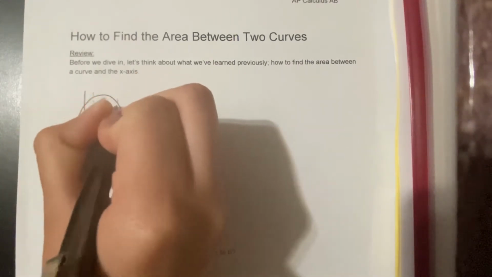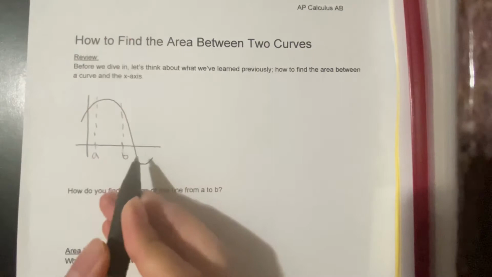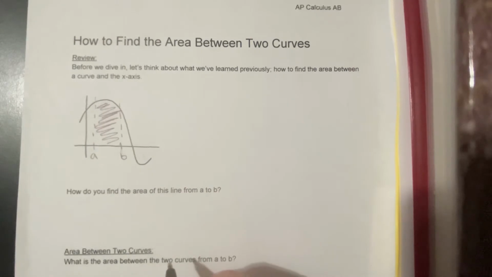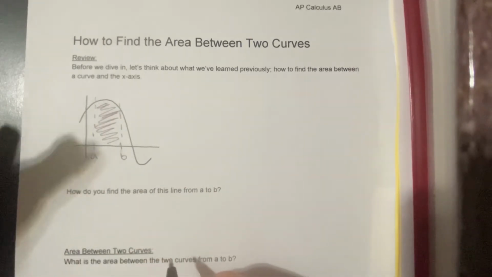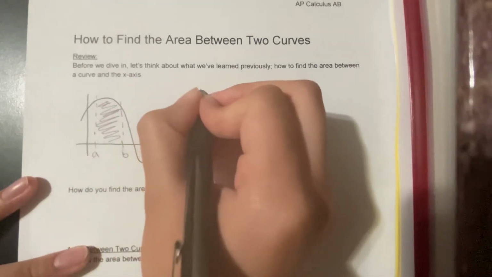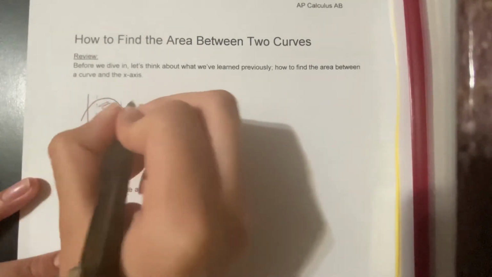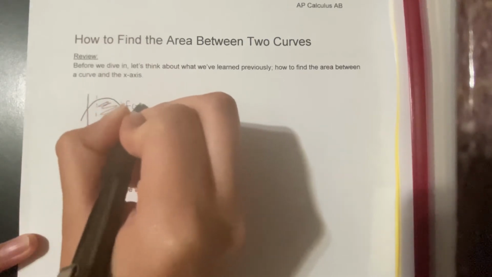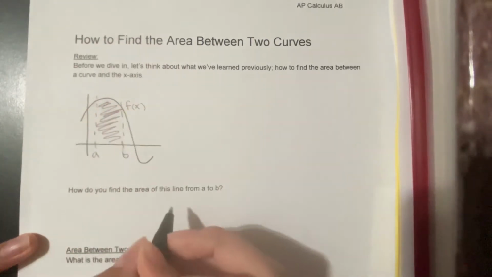All right, so the question is asking us to find this shaded region right here. And we know from previous lessons that the area is also equal to the antiderivative of, I didn't even name this graph. Let's call this graph, or this line, f of x.